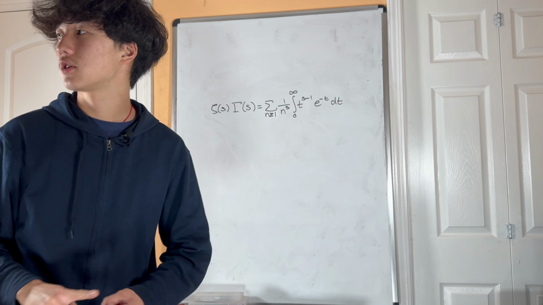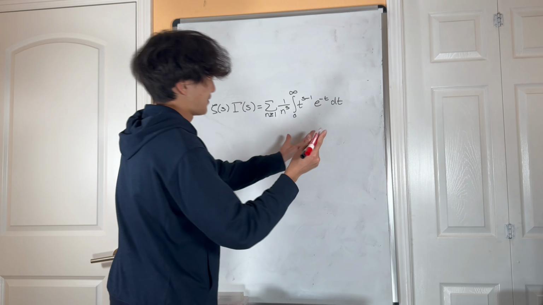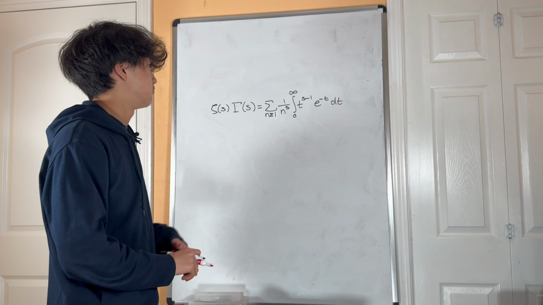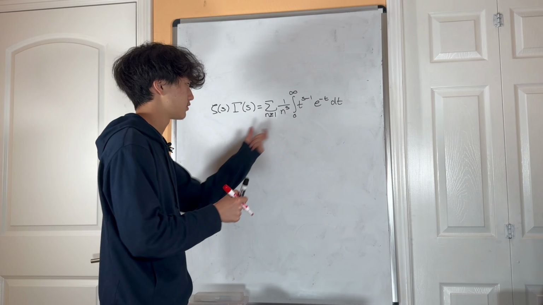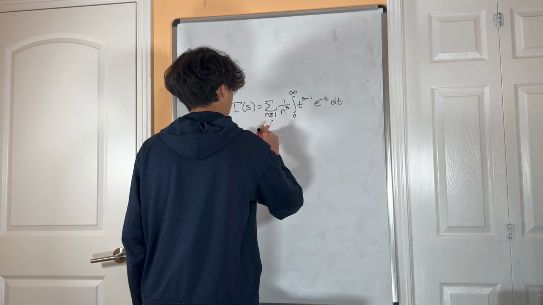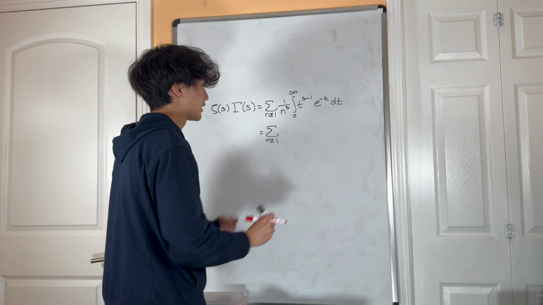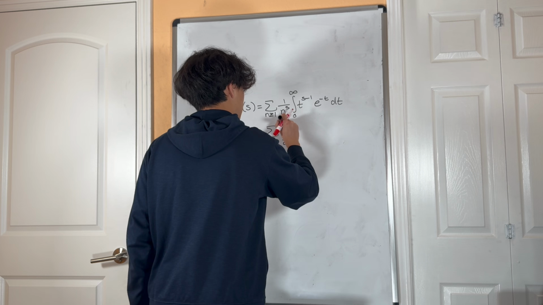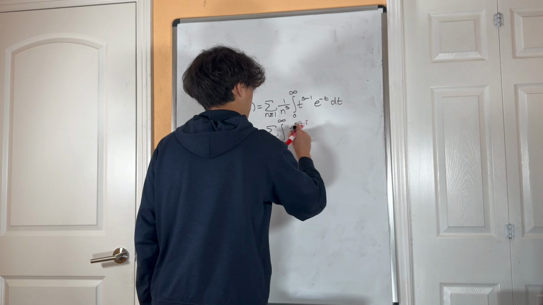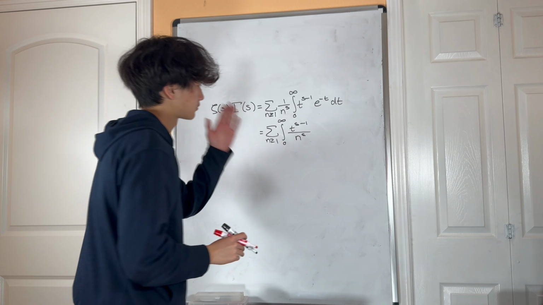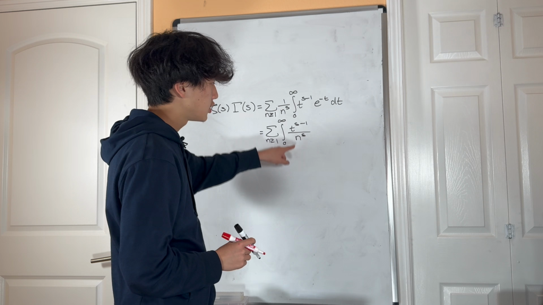Let's go ahead and interlace the two and see what happens. The only way we can really do that is by bringing this power into the integral, and maybe interchanging the order of integration and summation. But for now, I'm going to leave it be. So the sum's going to stay on the outside, I'm going to have the integral sitting right next to it, and then t to the s minus 1 over n to the s. Importantly, here we have a t to the s, here you have an n to the s.